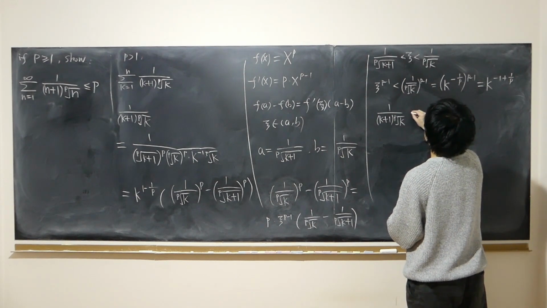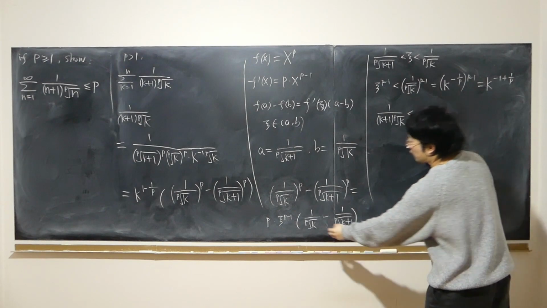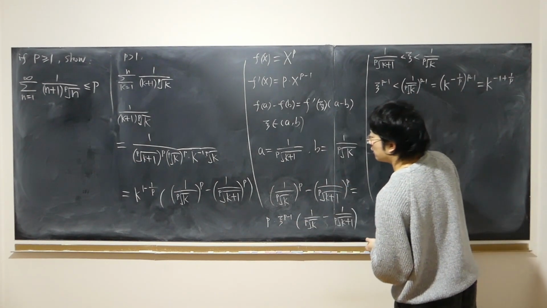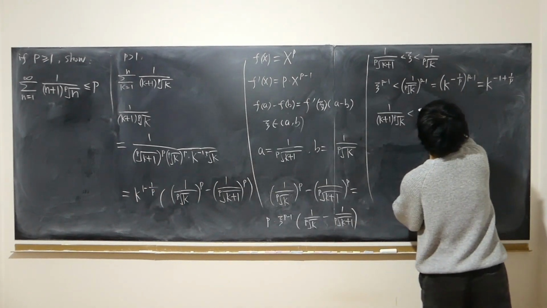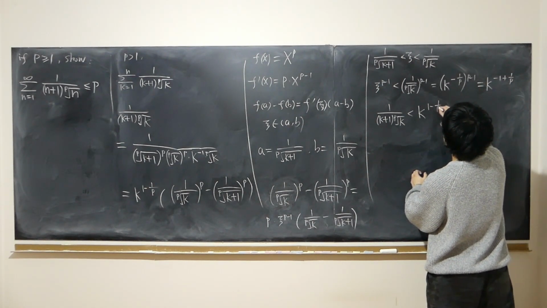Yes, strictly smaller than that. Strictly smaller than, copy down p. First copy down this. k to the power of 1 minus 1 over p.